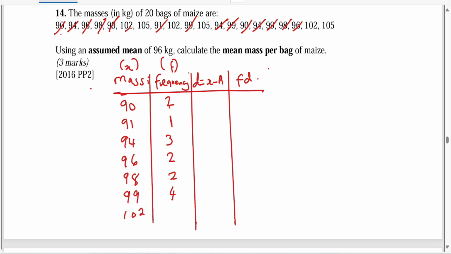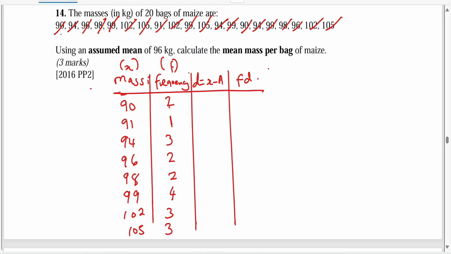How many 102s are there? 1, 2. We just remain with 105, and 105 I think is 3. So 102 is how much? No, it's 3, not 2. So we have 3 102s, and in 105 we have 1, 2 and 3. So we have 3 105s.